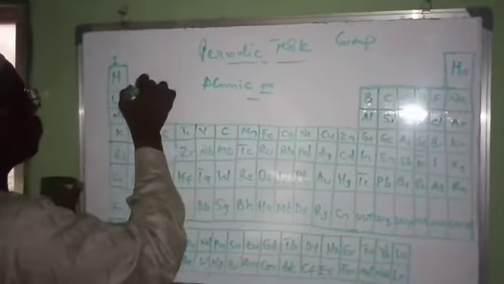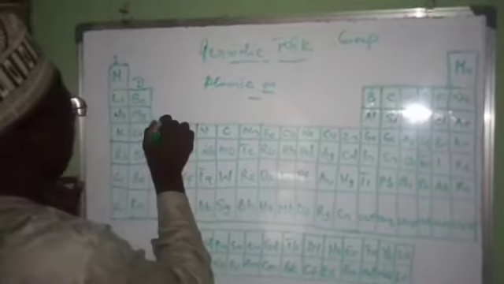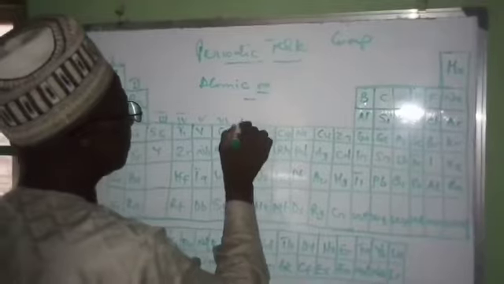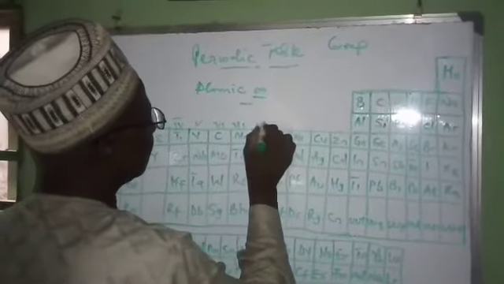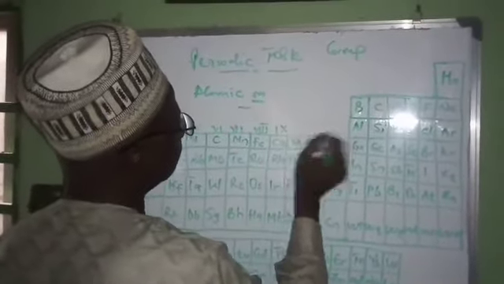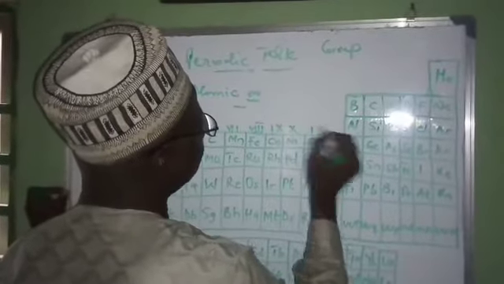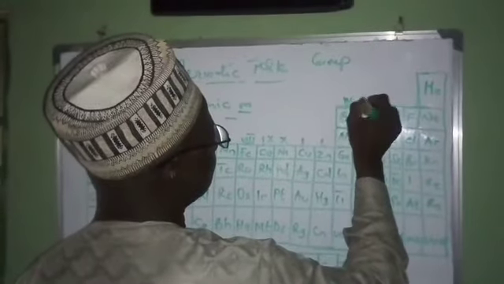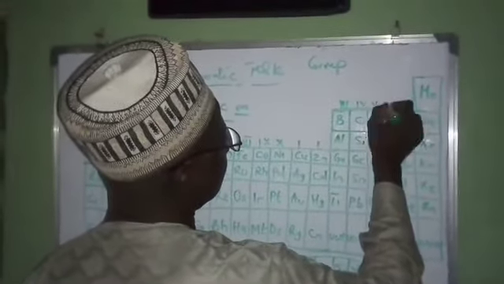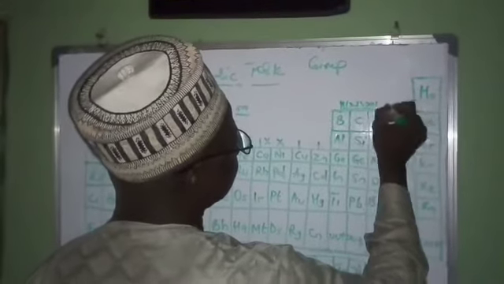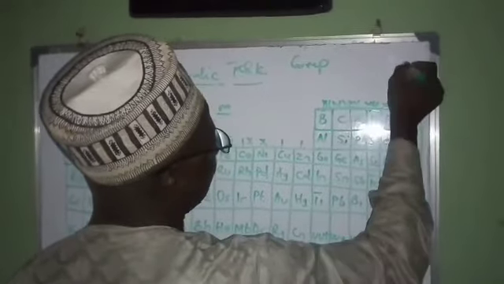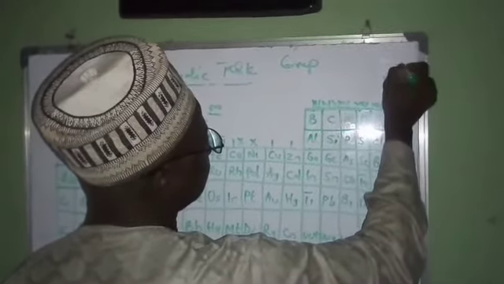We have 18 groups, numbered from 1 to 18.